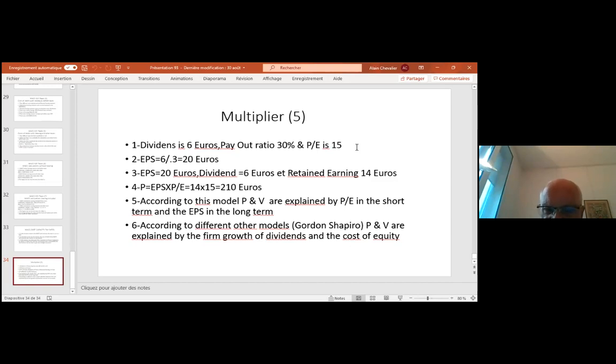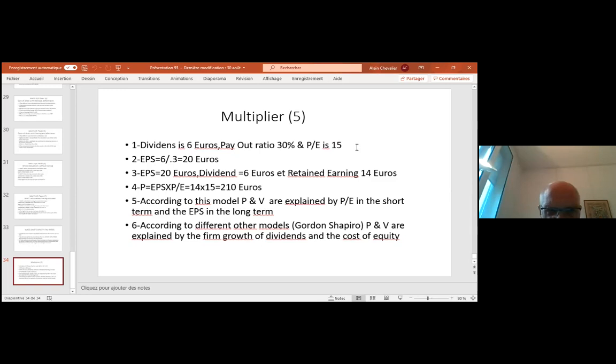If you apply the simple model, you find P, the price of the share, is equal to the earning per share, 20, multiplied by the PE. Now there's a mistake there, sorry for that. The PE is 15.